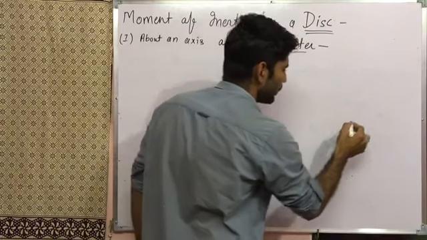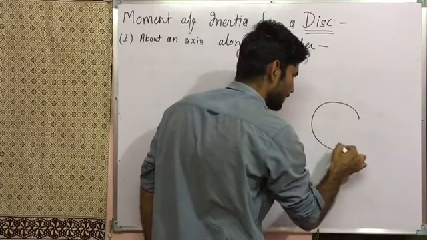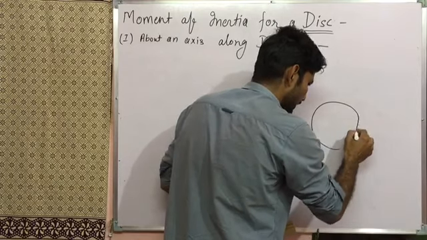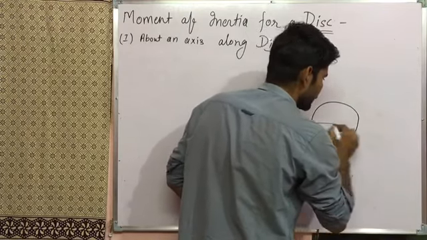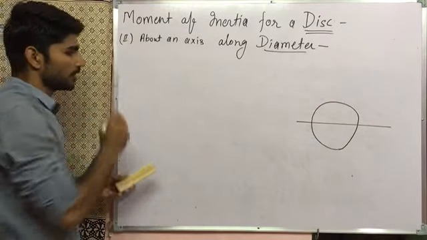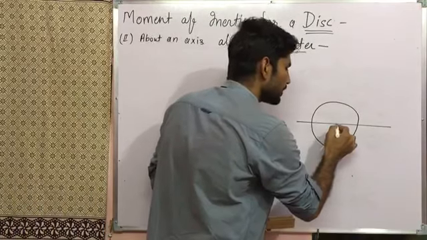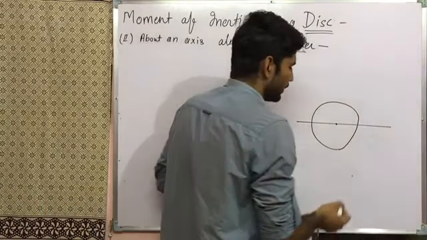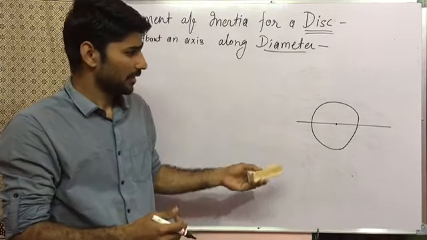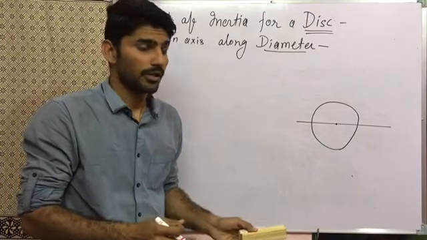For the diameter, we draw the disc here, and the axis that we write here is along the diameter and passing through its center. For this, we just discussed in the last video that we use the perpendicular axis theorem.